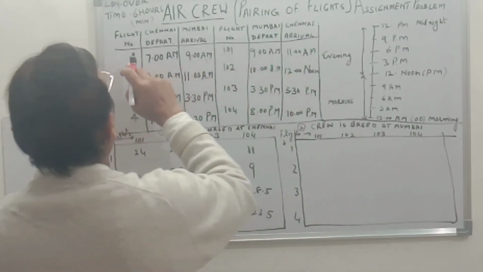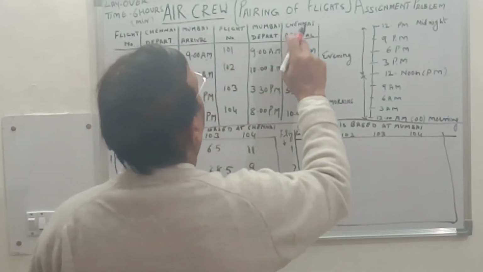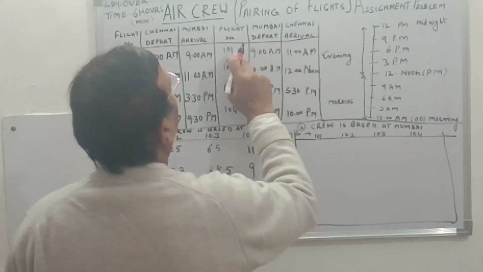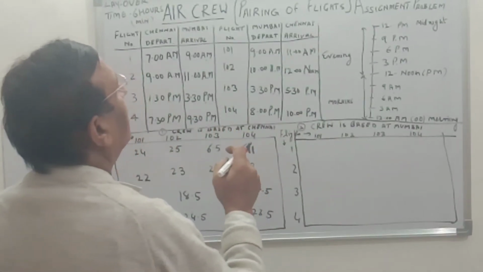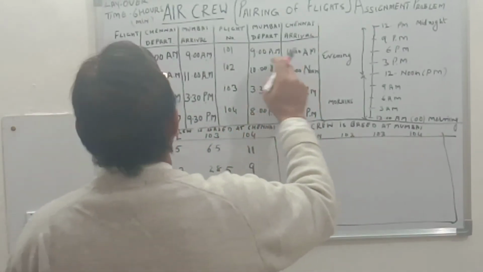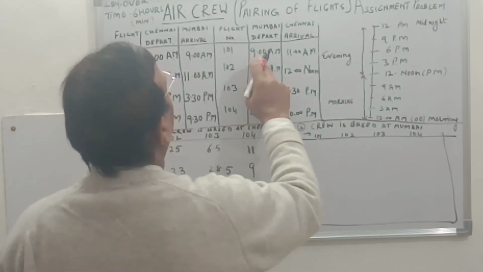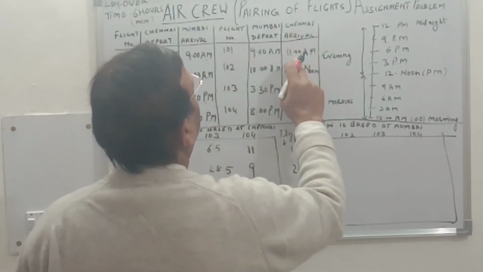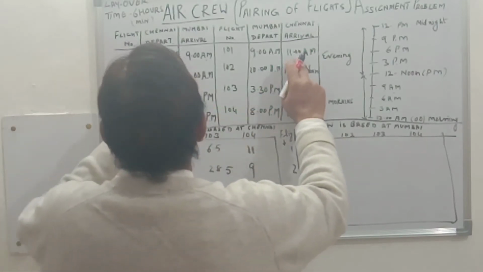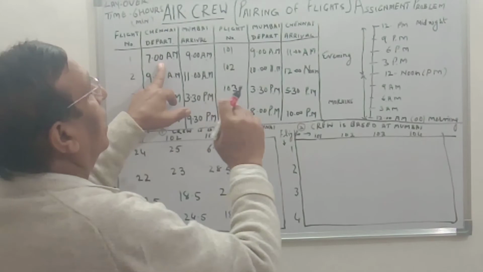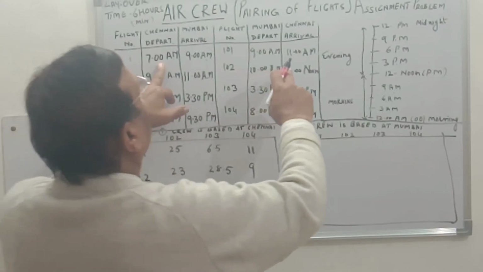Flight number 101, Chennai arrival is first. You have to calculate from this flight number 101, arrival is at 11 a.m. Then it will depart in the morning at 7 a.m. So from 9 a.m. 101, Chennai arrival is 11 a.m., then departure Chennai is 7 a.m. So 11 a.m. to 7 a.m. means it will stay there for how much time?